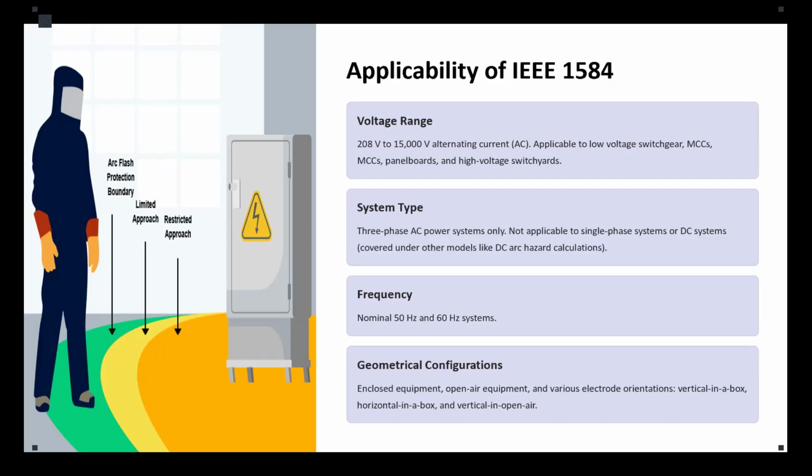However, we might have some systems, like equipment in an aircraft that works with 400 hertz frequency, or variable frequency systems which have wide harmonic content or resonance circuits. These are not in the scope of this standard.